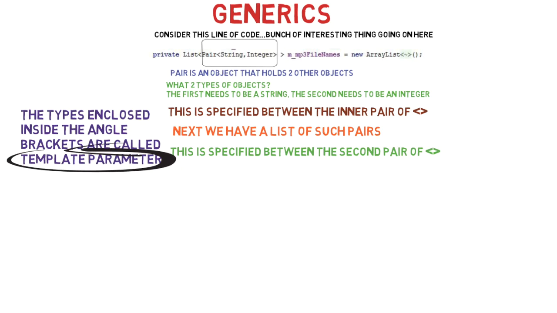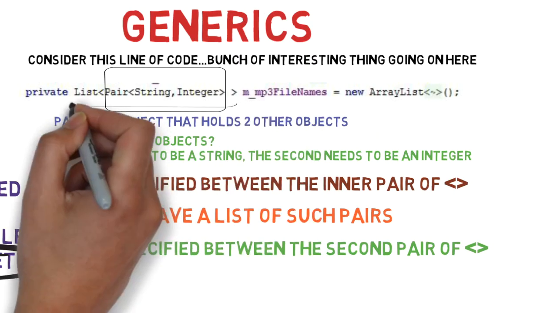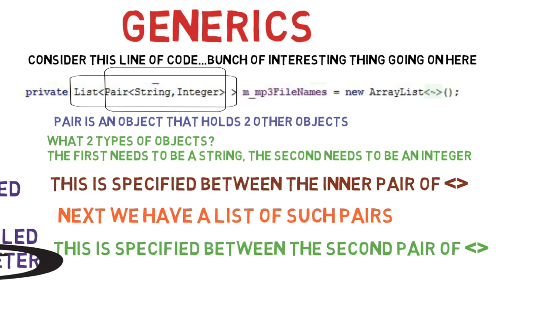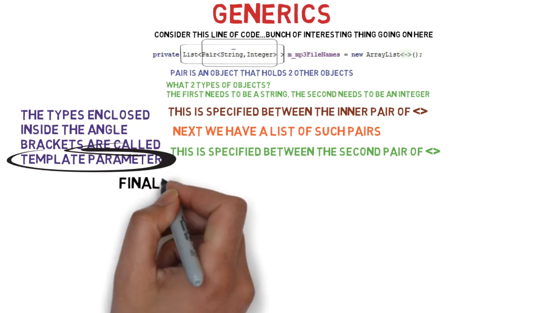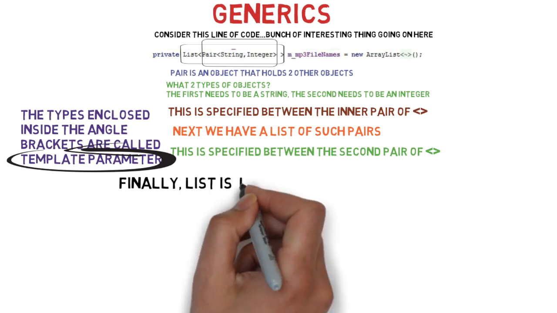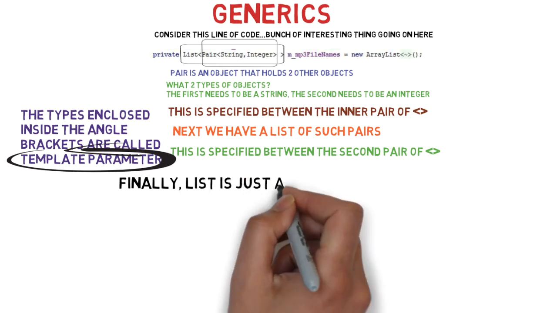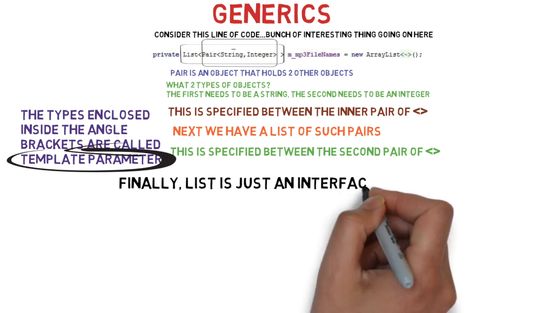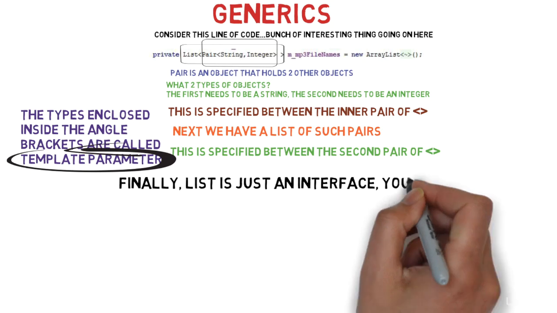Alright. Now, the types enclosed inside the angle brackets, or the angular braces, are called the template parameters. So in the case of a pair, the string and integer are the template parameters, and in the case of a list, it is the pair of string and integer.